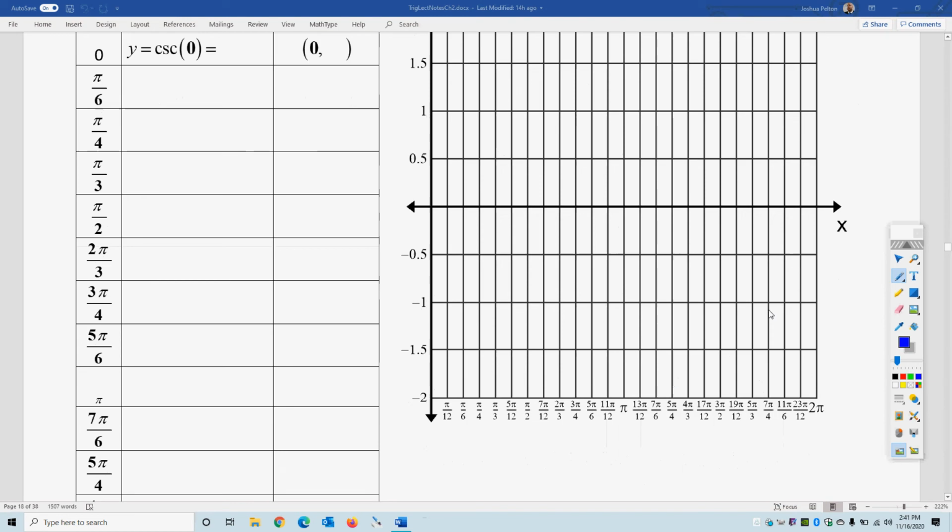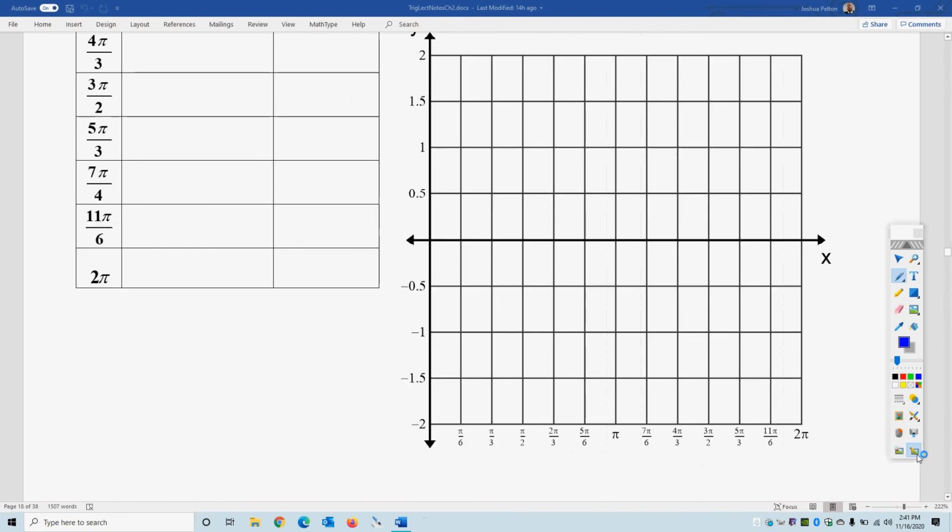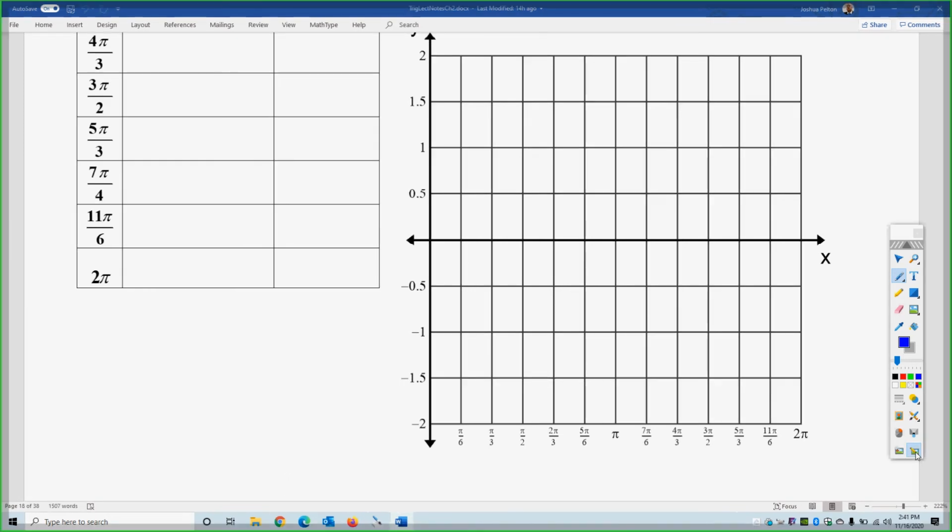Let's go down a little bit here. So if I just make a graph that goes by 6, I can again make the asymptotes. Oops, turn on my pen. Okay, so at pi over 2 I'm at 1, and at 3 pi over 2 I'm at negative 1.